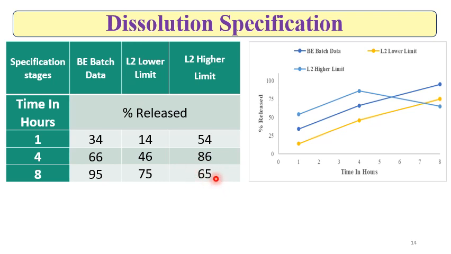Higher limit means it is the more relaxed limit than this limit. So it will become your higher limit and this will become your lower limit. So from 65 to 75 you can get, but this is based on the individual unit data.